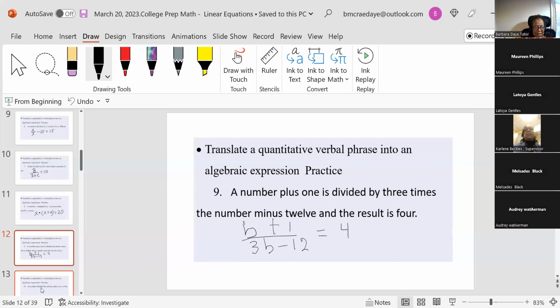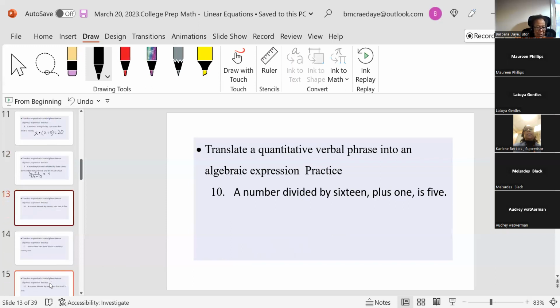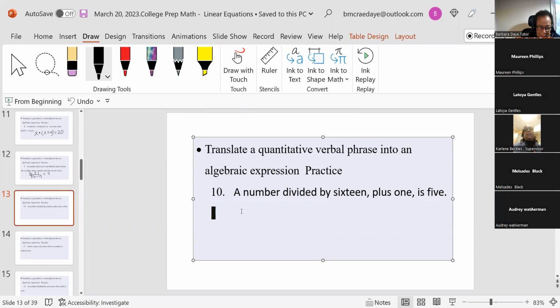Okay, Maureen, Mercedes: a number divided by 16 plus 1 is 5. What is the number? I want you to answer this.